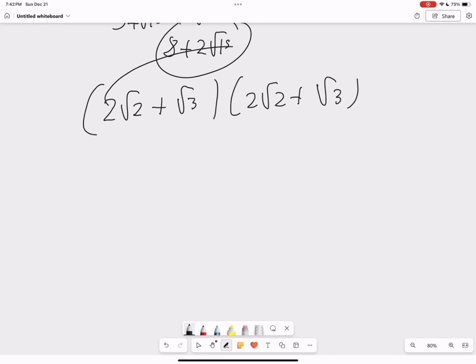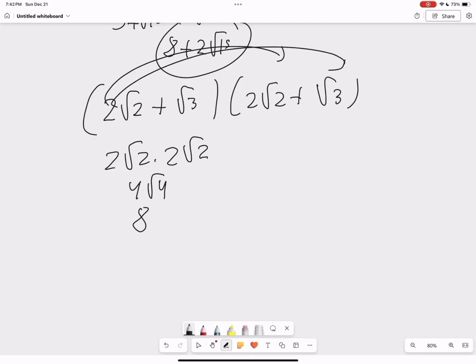We do 2 times the square root of 2 times 2 times the square root of 2, which gives 4 times the square root of 4, which is 2. So our first term is 8. Then our outer term is 2 times the square root of 2 times the square root of 3, so we get 2 times the square root of 6. We get the same thing for the inner term.